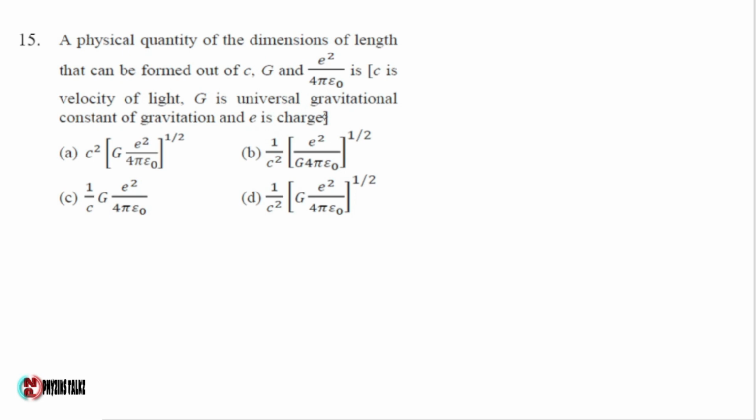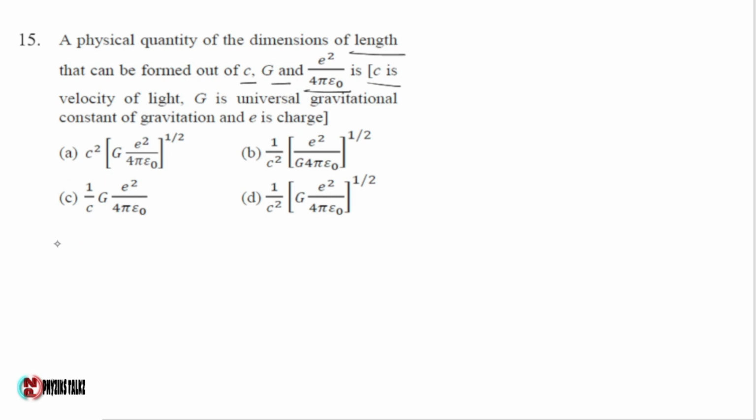A physical quantity of the dimensions of length can be formed out of c, G and e squared by 4 pi epsilon naught, where these are the constants. We have to find the relation between these terms.